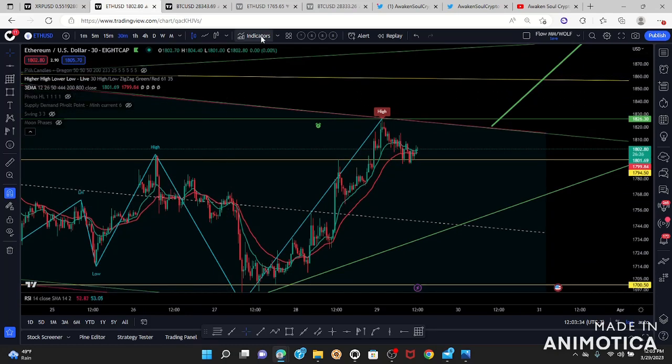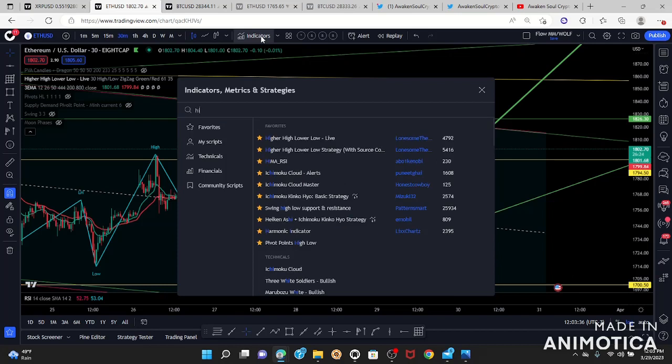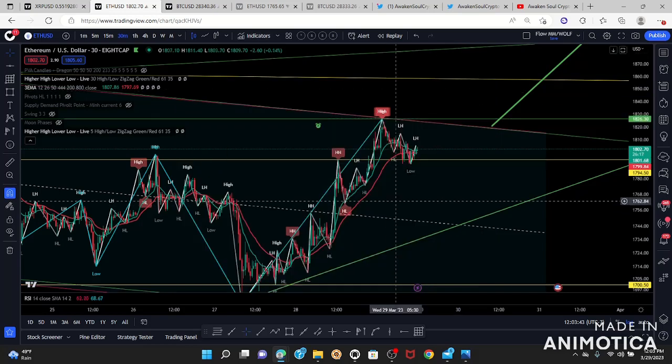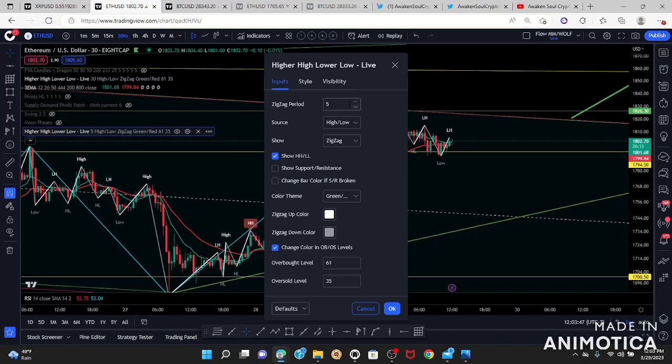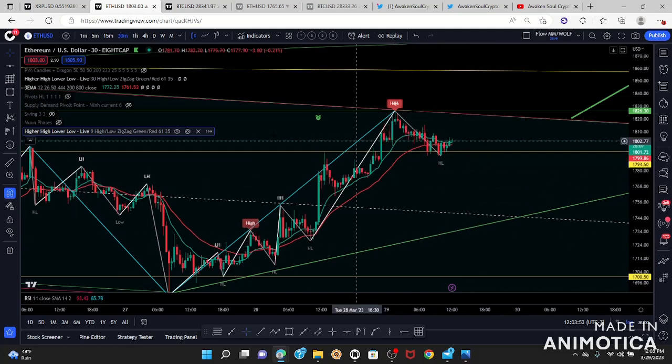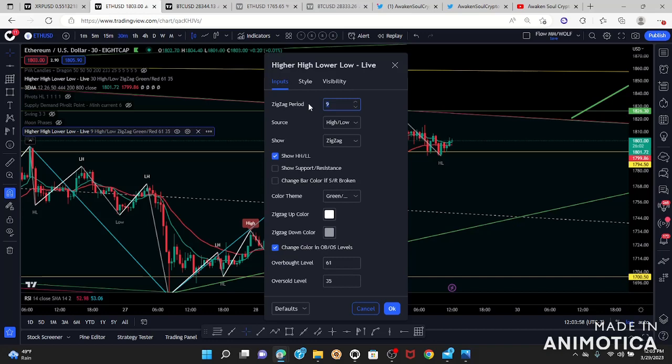You usually have 2 higher highs, lower lows. One's always set at 30 and the other one I like to play around with. Let's go ahead and set it at 9. Maybe 6. Okay, just play around with it.